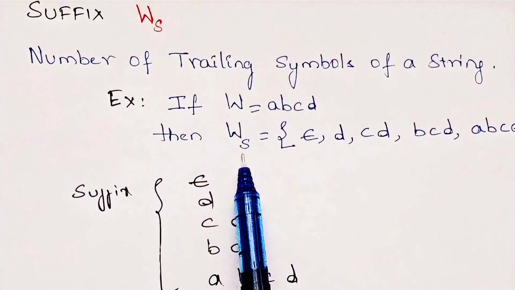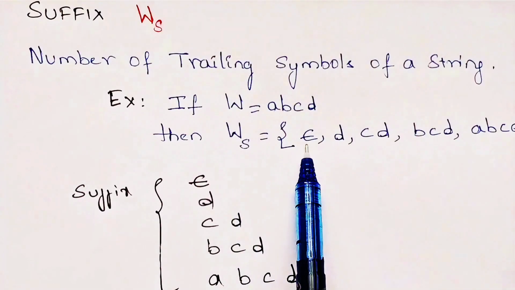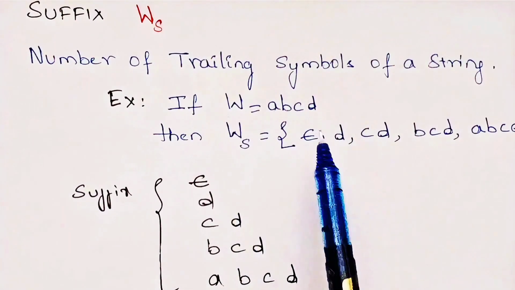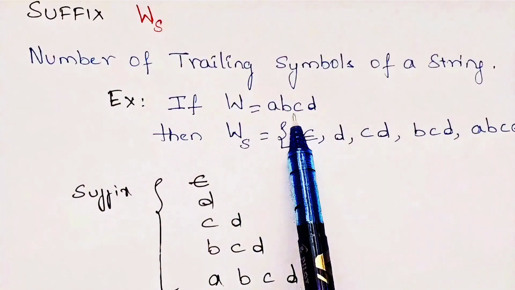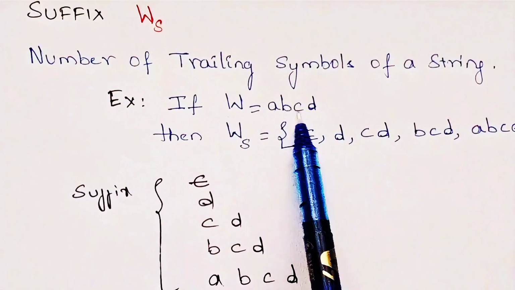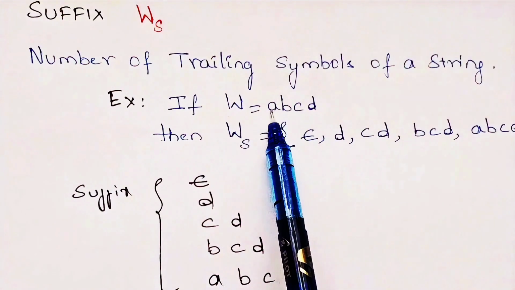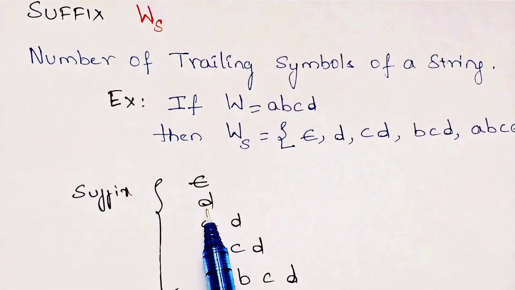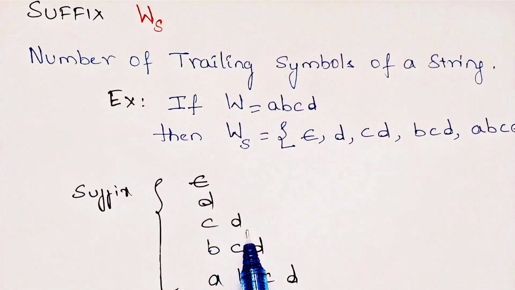Then the possible suffixes of the string are epsilon, which is the empty string, d, cd, bcd, and the entire string abcd. Thus the suffixes can be observed as epsilon, the last symbol d, the ending two symbols cd, the ending three symbols bcd, and the entire string abcd.